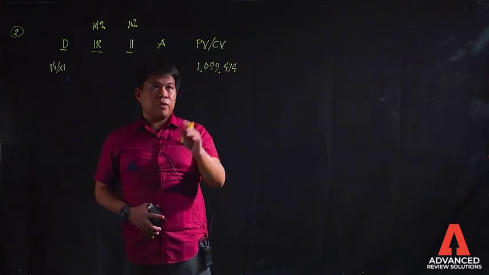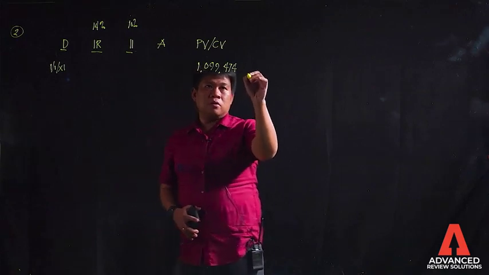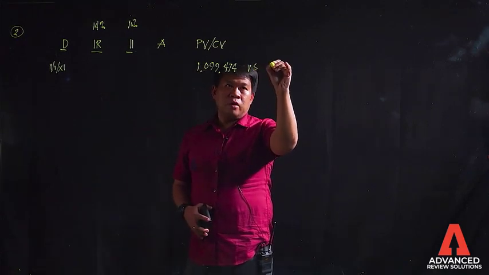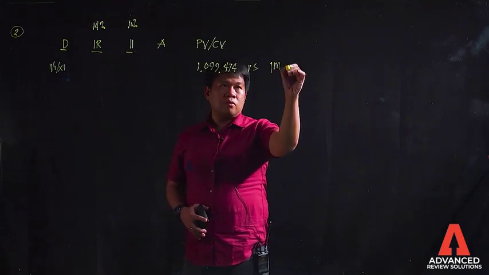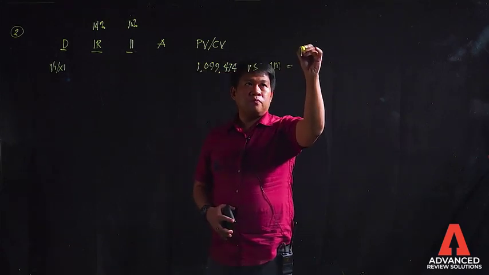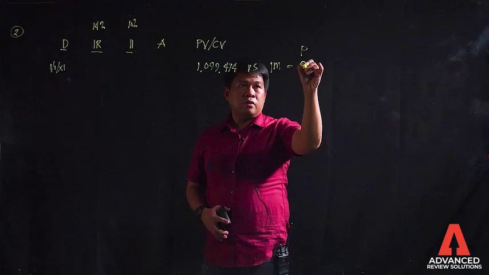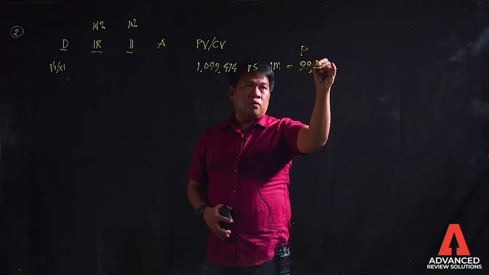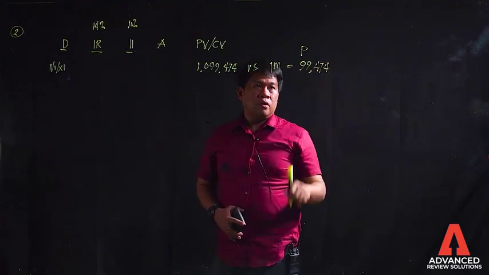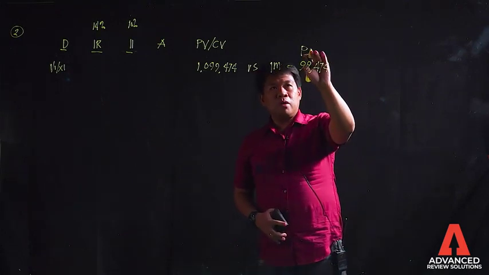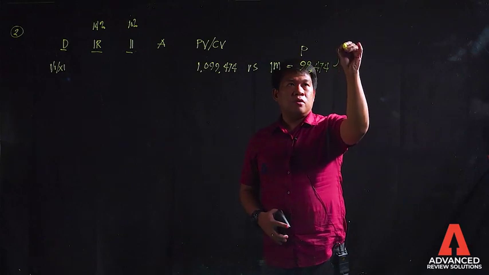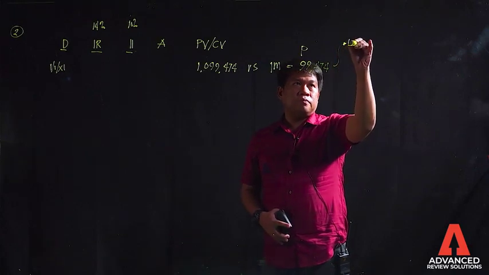So, this is at a premium because the face amount here is 1 million. So, the face amount is lower than the present value. So, the premium here is 99,474. And this 99,474 as a premium is a loss on the part of the investor.